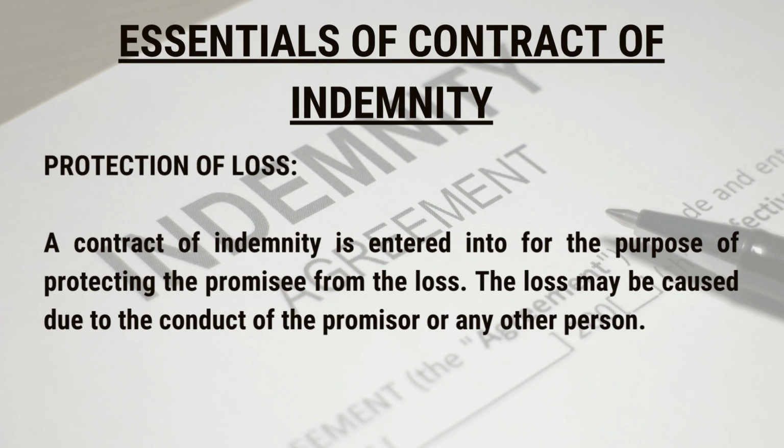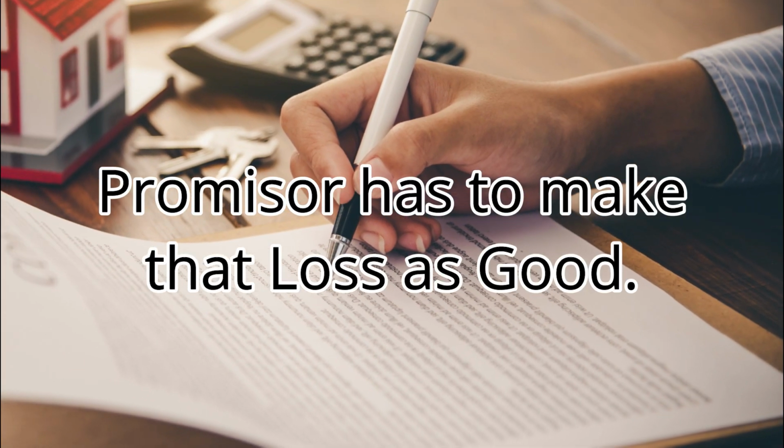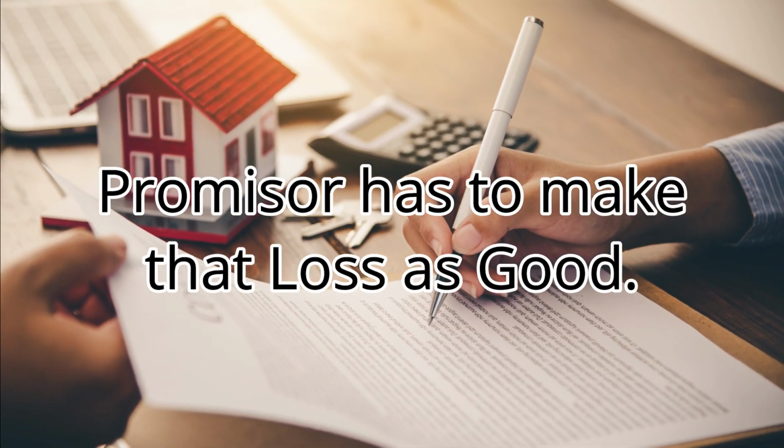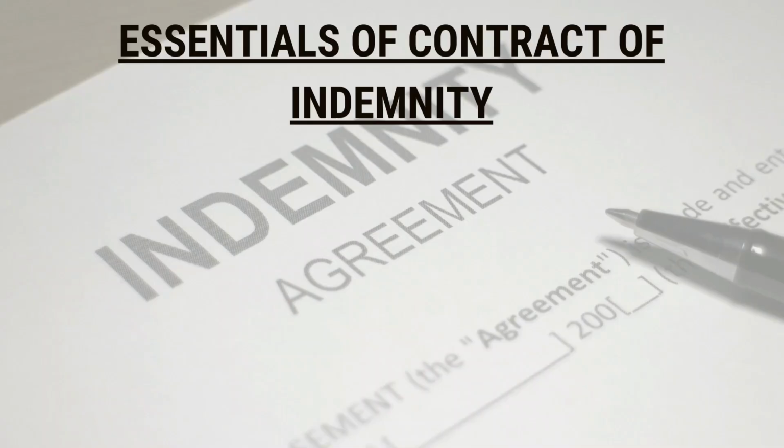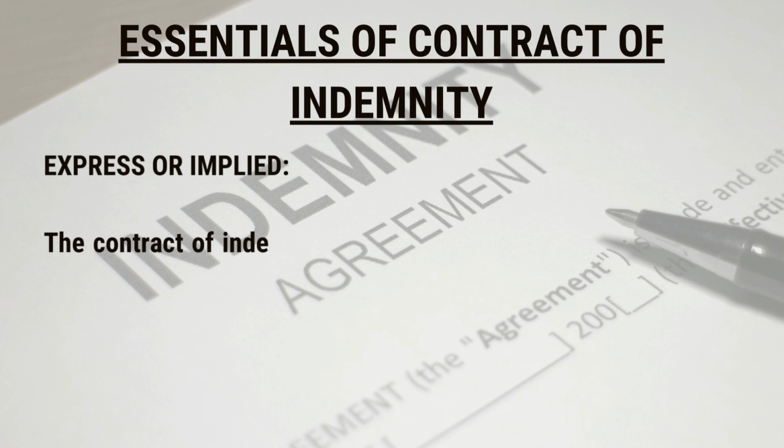The loss may be caused due to the conduct of the promisor or any other person. It does not mean that only if the promisor is at fault will he bear the compensation. The loss may happen, and if that happens, then the promisor has to make that loss good. Third, it may be expressed or implied.